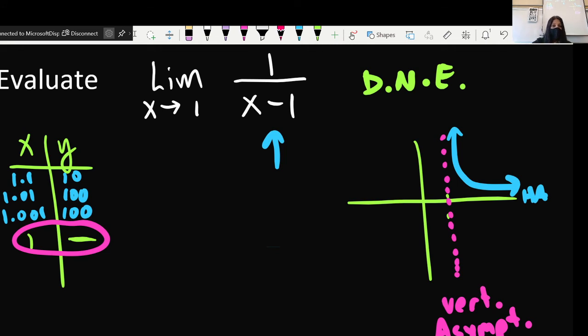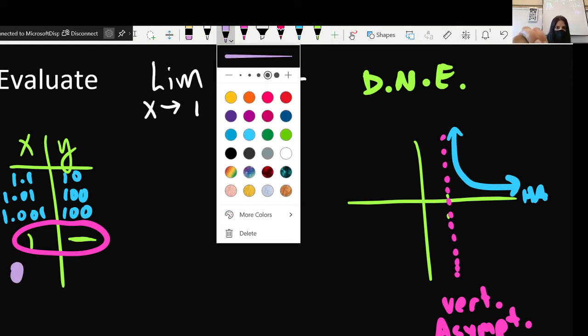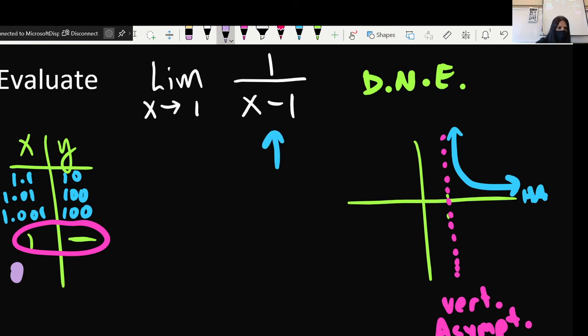So that's some quick review of where that comes from. Then if I want to look at the other side of the asymptote, I could pick values like 0.999. Then maybe I do 0.99, and then maybe I do 0.9. It doesn't matter what you pick. I'm just picking ones that I know are super close to it.